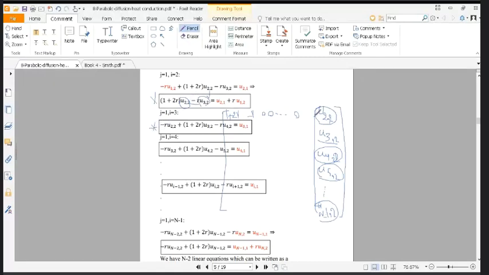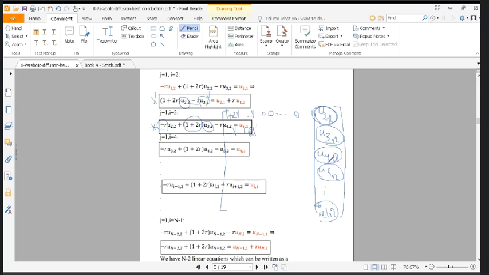In this equation, the coefficient of u2 and 2 is minus r, and I write minus r. The coefficient of u3 and 2 in the second equation is 1 plus 2r, and I write 1 plus 2r.